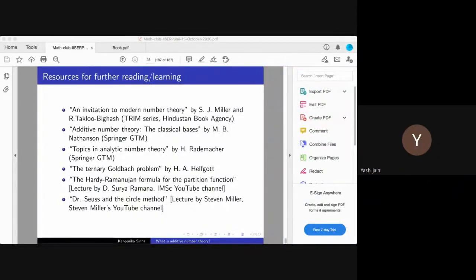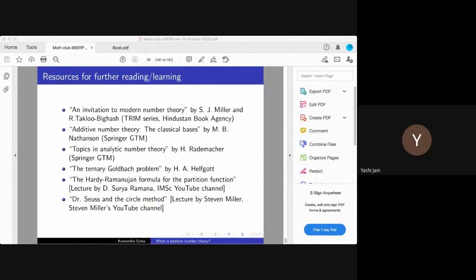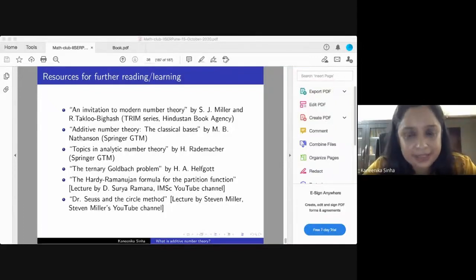So what we saw is that you talked about two methods: the Schnirelmann density method, and the other one was the circle method. Were there any other methods that were used to attack Goldbach's conjecture, but then later there was some problem? That's a good question.